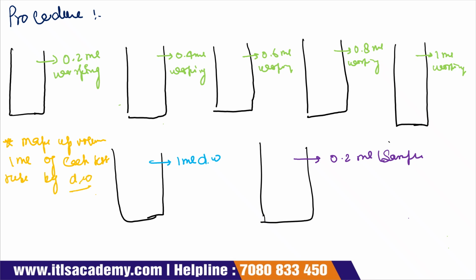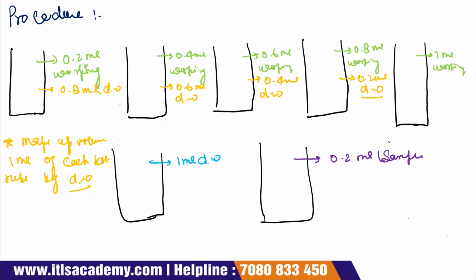In the first test tube, for making 1 ml of volume, you have to add 0.8 ml distilled water, then 0.6 ml, then 0.4 ml, then 0.2 ml.